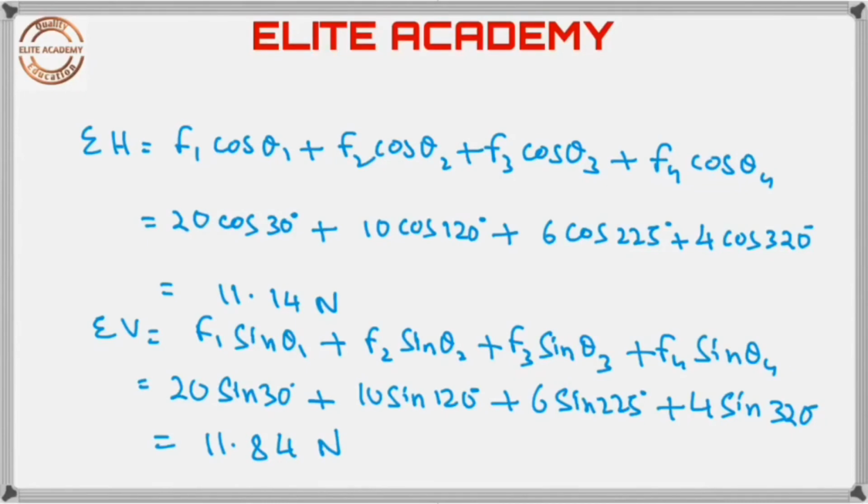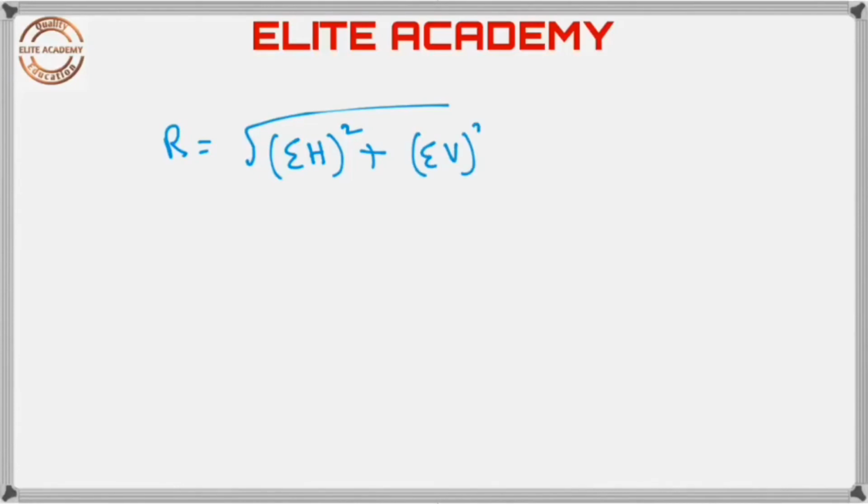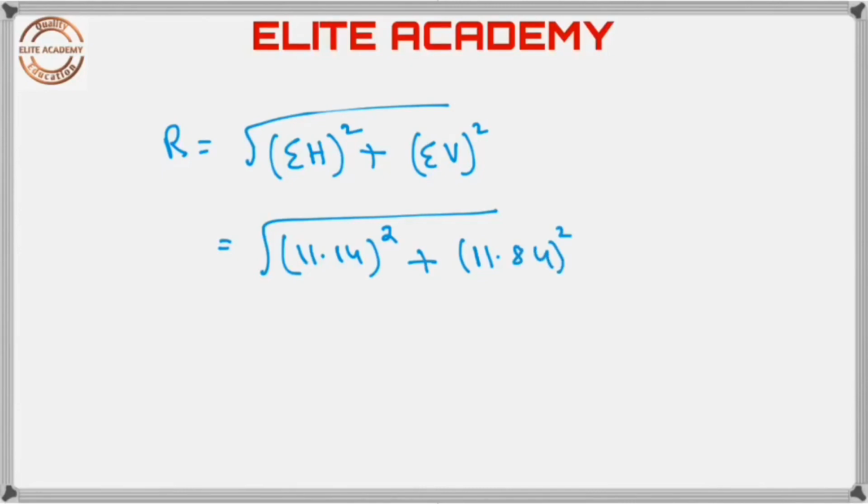The magnitude of the resultant we can find as R is equal to root over sigma h square plus sigma v square. So here we get root over 11.14 square plus 11.84 square.